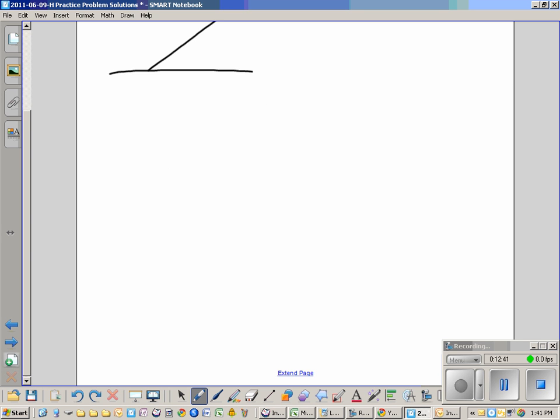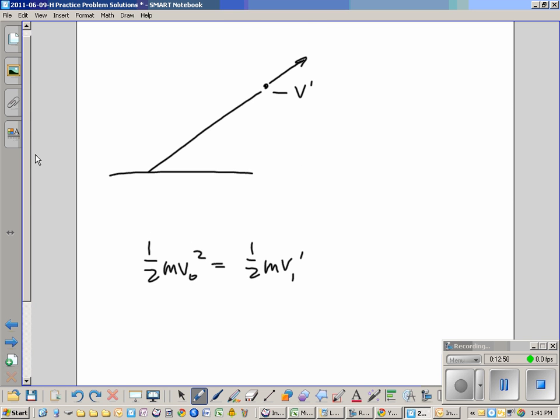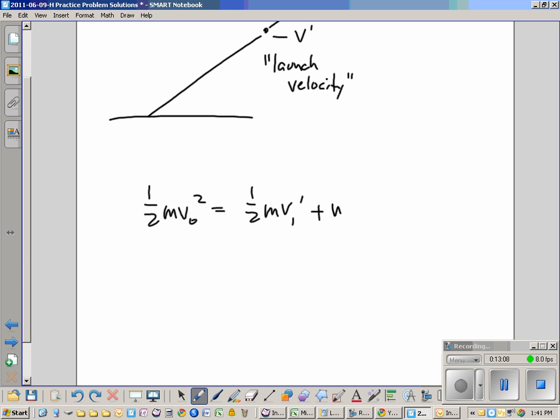Let's move along here. We got kinetic energy at the bottom: 1/2 m v naught squared is equal to 1/2 m, we're going to call it v prime, this is the launch velocity, plus mg h1. This is why they did h1 plus h2.